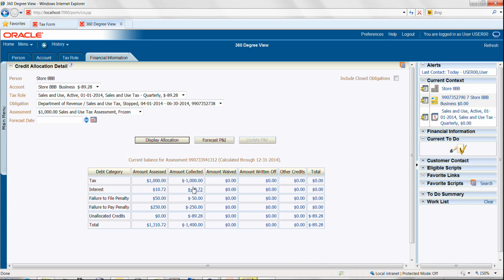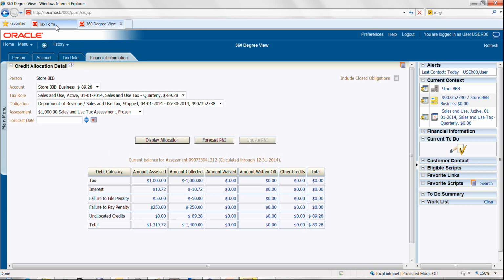We see that there's been some interest and other things, and that's because we filed late. But we have an overpayment because we have paid altogether 1,400, and the total actually was 1,310. There's 89 allocated credit. This is a classic case of being in an overpayment situation, and the question is, how do we relieve that overpayment?